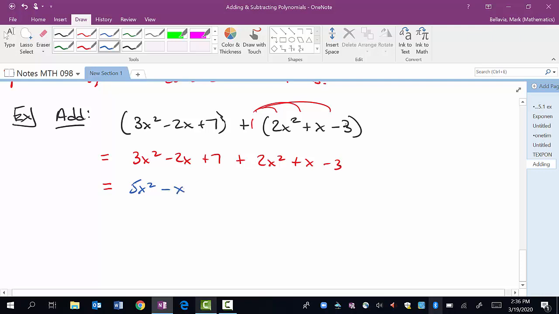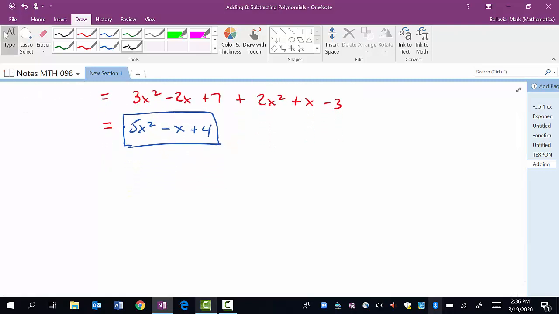And a positive 7 minus 3 gives me positive 4. And now keeping in mind from here forward, these aren't like terms at all, so you can't go any further. And that would be your answer, 5x squared minus x plus 4. We say this is written in descending order with the highest powers coming first and the lowest degree terms coming after it in order. Typically you'll see things written in descending order.